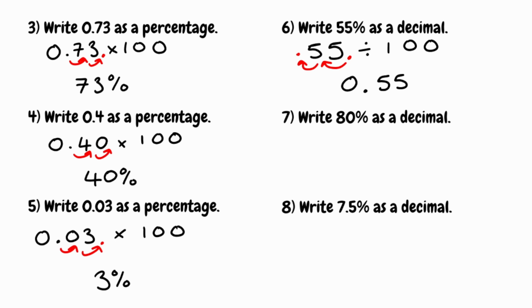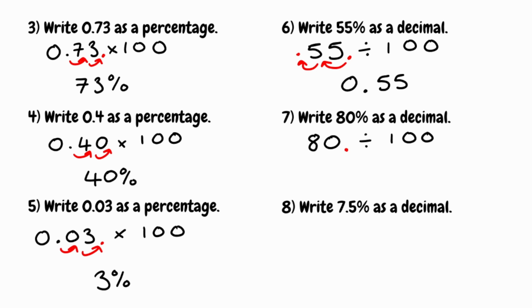Okay, for this next question, we want to convert 80% to a decimal. Well, again, we know going from a percentage to a decimal, we're going to divide by 100. So we know because we're dividing by 100, the number's going to get smaller, so we're moving the digits 2 places to the right of the decimal point. So our decimal point is technically here, 80.0.